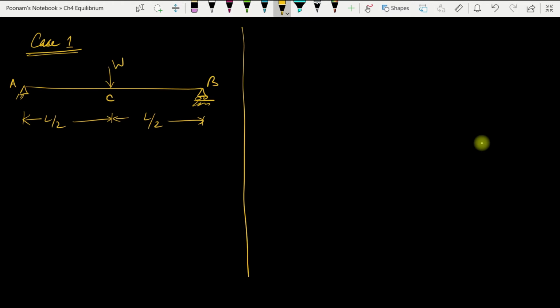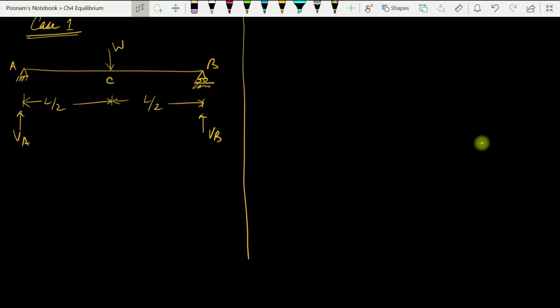Since we do not have any horizontal force applied on the beam, there will not be any horizontal reaction at support A. We will get only two vertical reactions, VA and VB. So these are the reactions, and we'll plot our bending moment diagram and shear force diagram here.